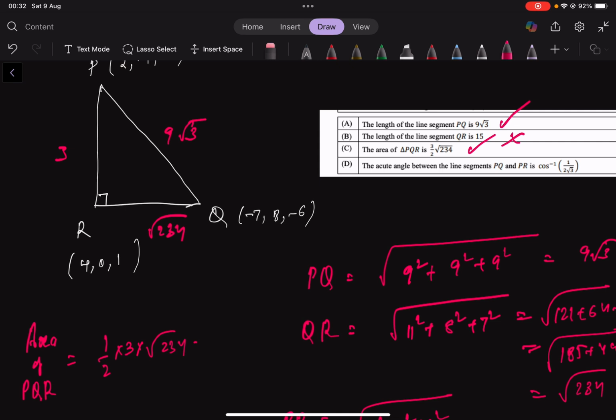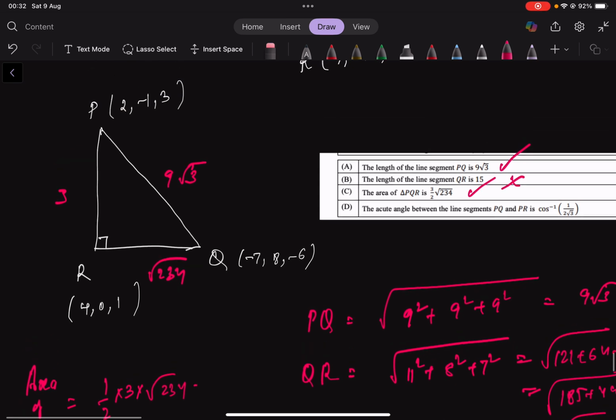And for the acute angle between PQ and PR, if we consider it as theta, cos theta will be 3 by 9 root 3. Sorry, so even then this option is not correct.